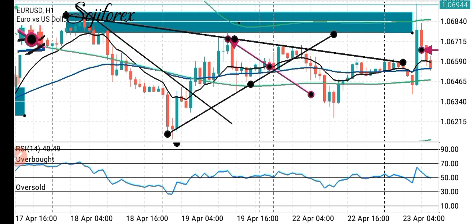So I don't have entries here. This is my entry now because price returned back and now it pushed back here, gave me a candlestick pattern. So I will confidently sell from here to this level. Beautiful, right?